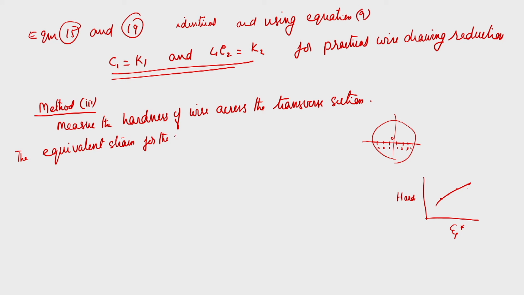The equivalent strain for the whole cross section, that is epsilon star, can be determined by graphical integration.